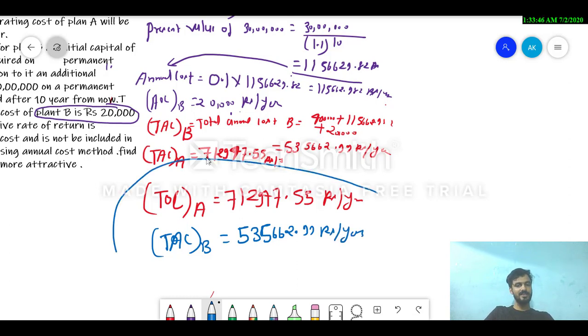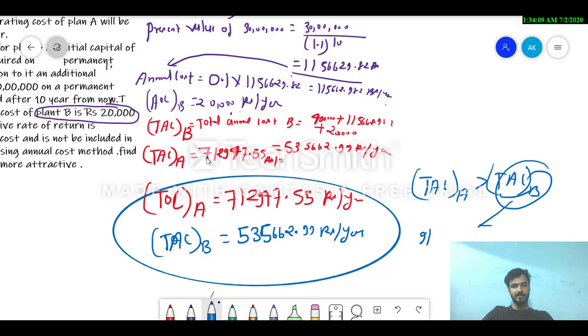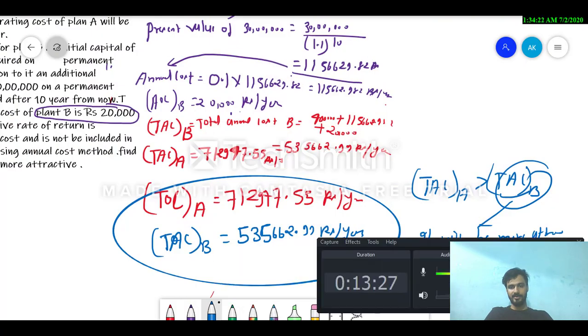So from this data, which project is more attractive? Project B will be more attractive, since its total annual cost is lower.